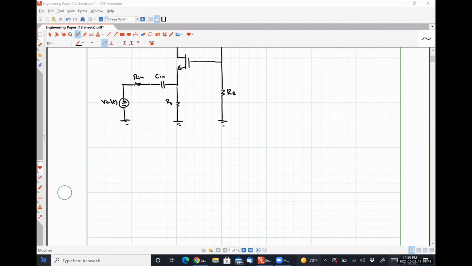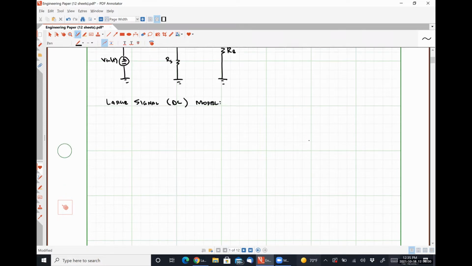So our large signal or DC model is going to look very similar. Here we have our power supply, VDD. Here's RD.